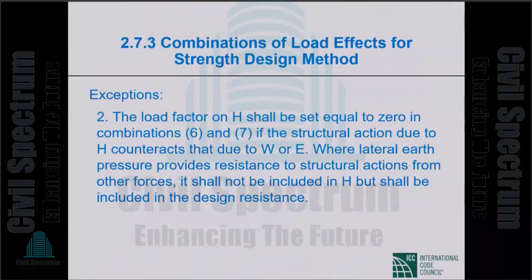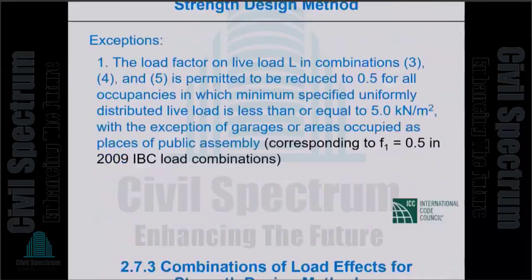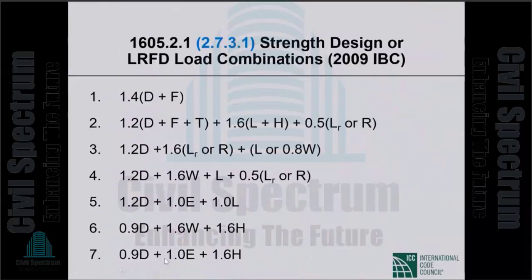The load factor on H. So in these load combinations where you have wind and the horizontal earth pressure, earthquake and the horizontal earth pressure, the load factor on H is 1.6 when it hurts, but it is 1.0 when it helps.